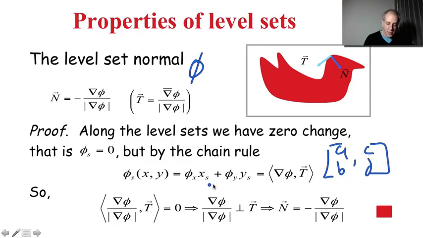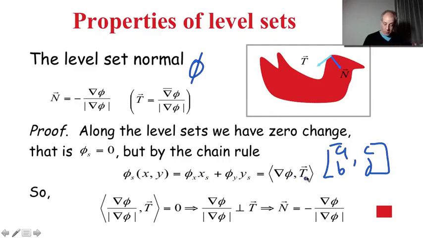So this is nothing else than the inner product of the gradient of phi with the tangent. Remember, xs, ys is the unit tangent. We saw that a couple of videos ago when we were talking about differential geometry of curves on the plane. And phi x, phi y is just the gradient. So this is what we have here.